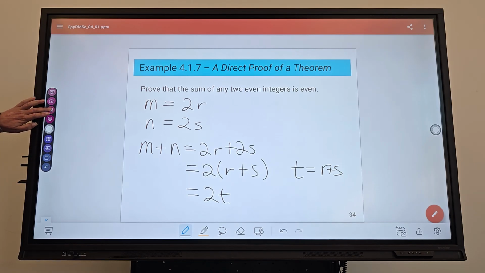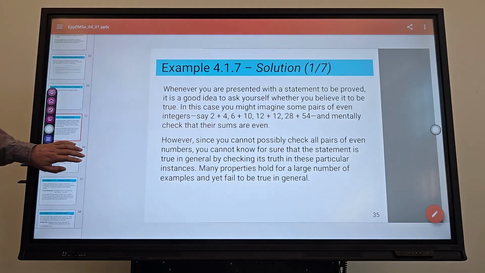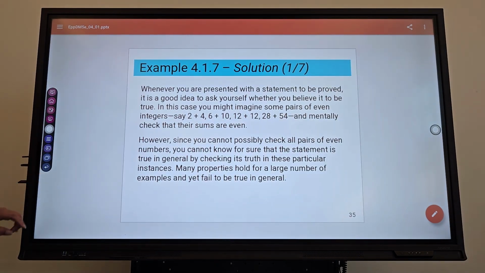So, and then they go through it here. When they go through it here, you cannot possibly check all the pairs of even numbers, so you cannot know for sure that the statement is true in general by checking the truth in these particular instances.